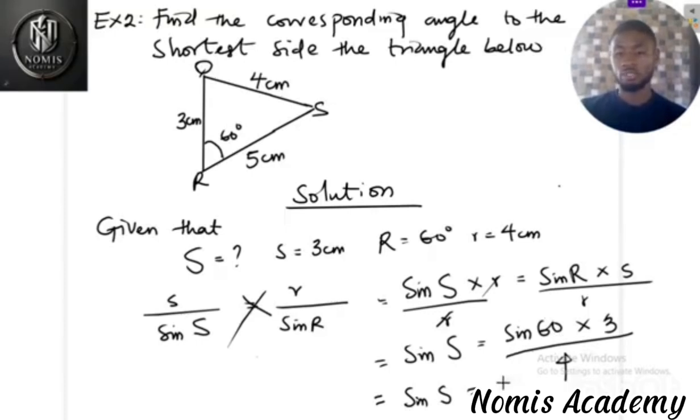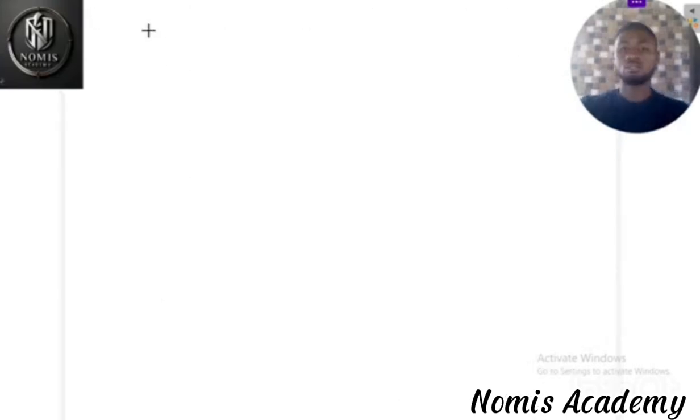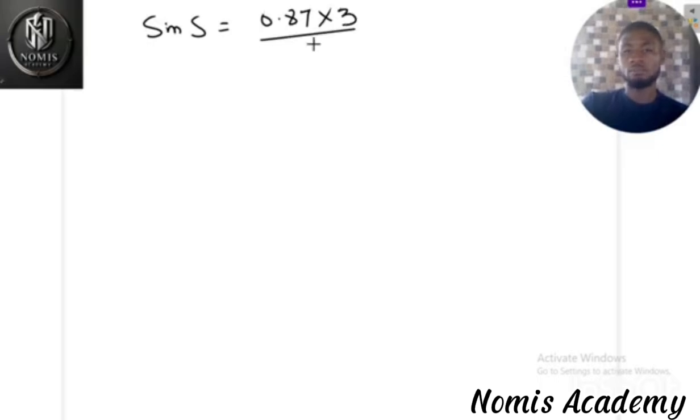So this is 0.87 multiplied by 3 all over 4. Let's go to the next page. Sine S is equal to 0.87 multiplied by 3 divided by 4.